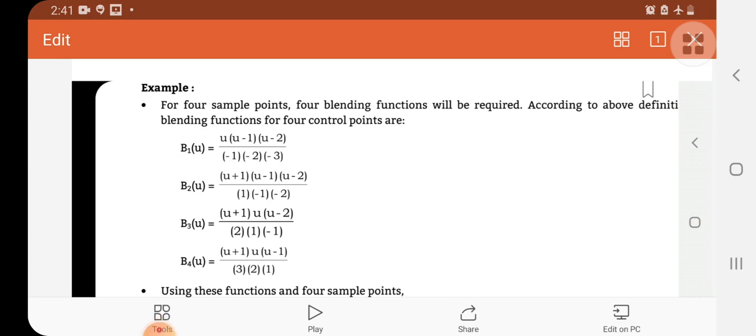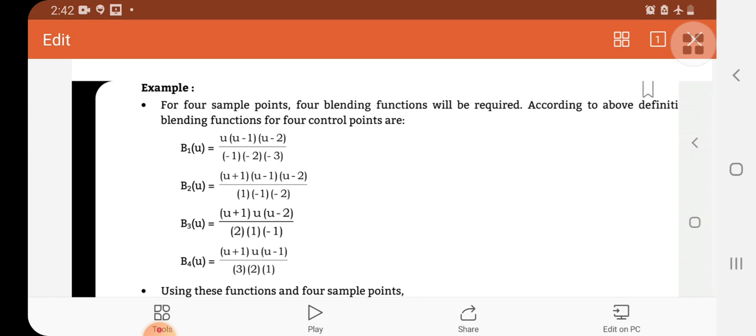According to the above, the blending functions for 4 control points are b1, b2, b3 and b4. Here b1(u) is equal to u minus 1 and u minus 2 divided by minus 1, minus 2 and minus 3.